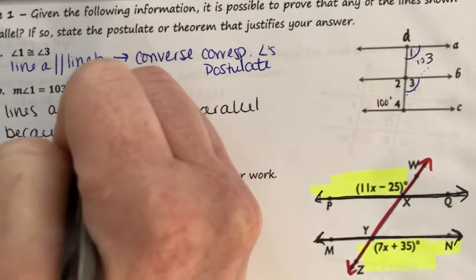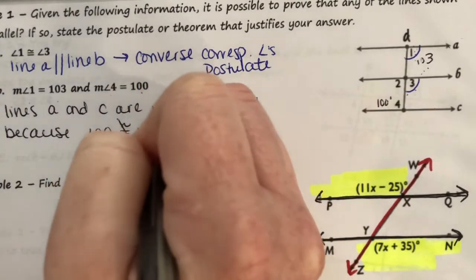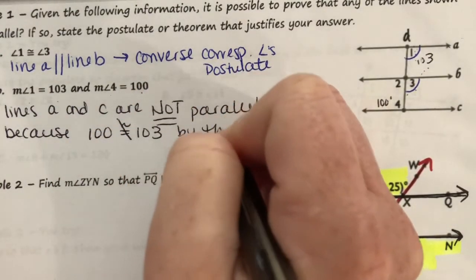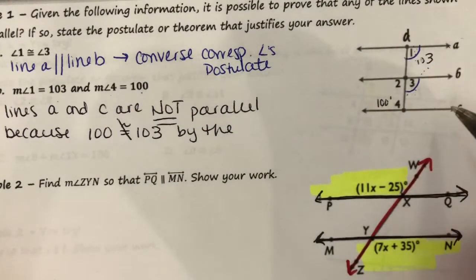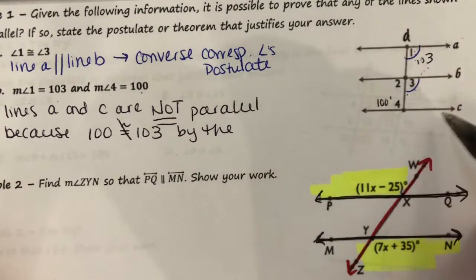The lines are not parallel because 100 is not congruent to 103, the measures of our angles. What would have told us that A and C are parallel would have been the converse alternate interior angle theorem. If the alternate interior angles are congruent, that means our lines are parallel.